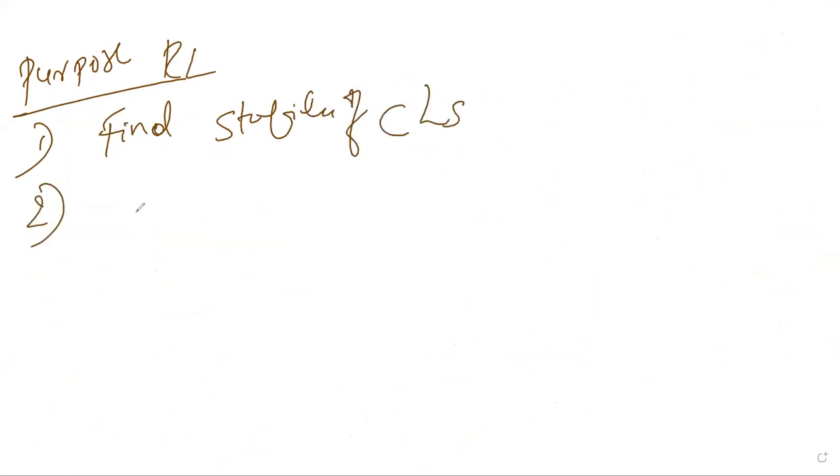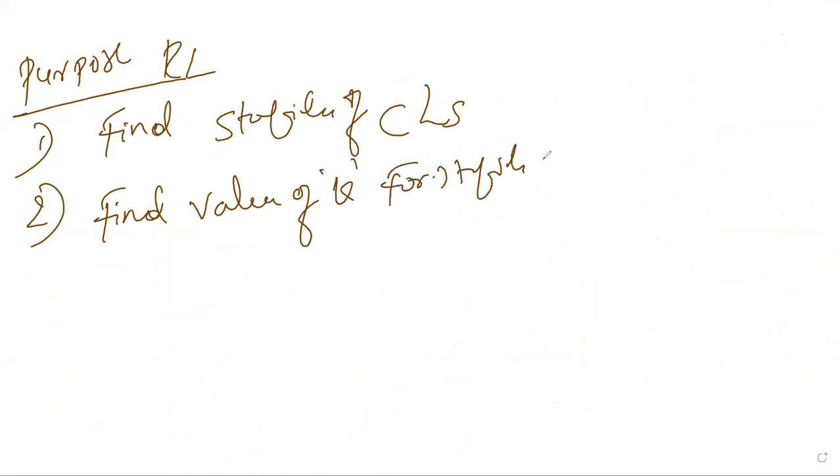And one more purpose, finding the value of K for stability and marginal stability. The same problem we discussed in RH criteria also: find the range of K for stability, find the value of K for marginal stability, right?